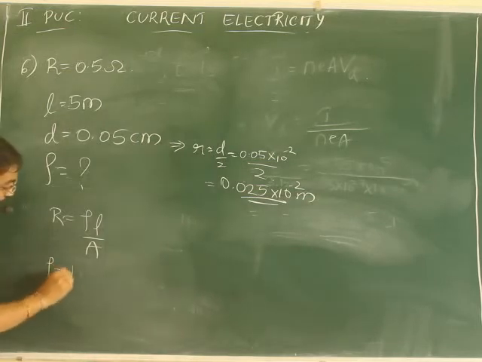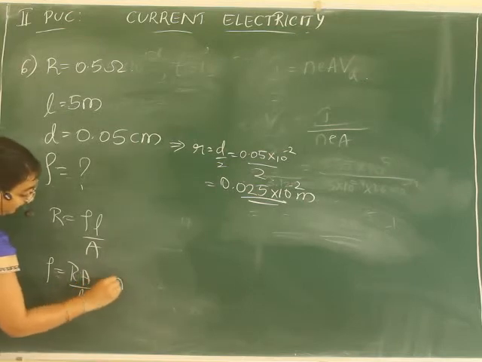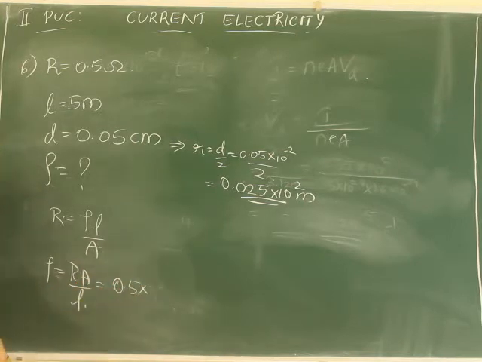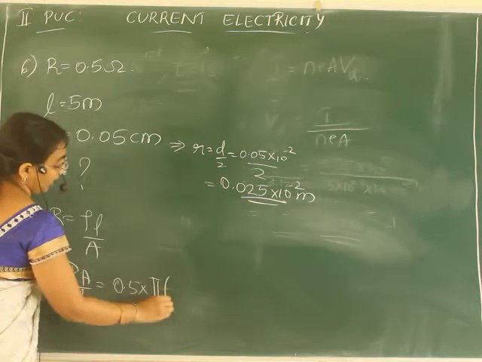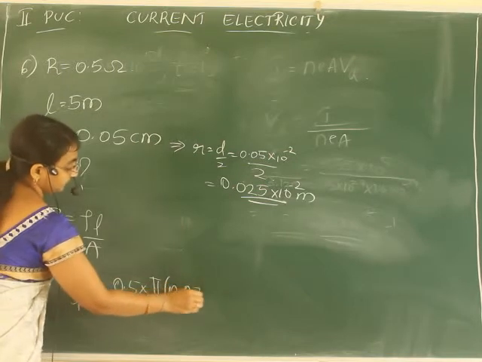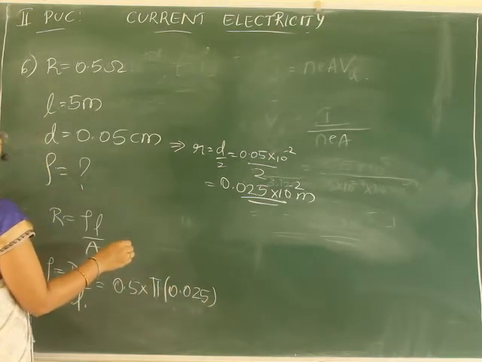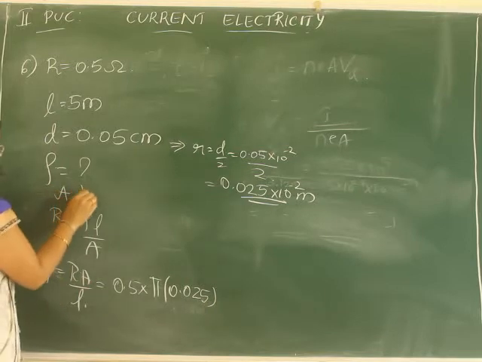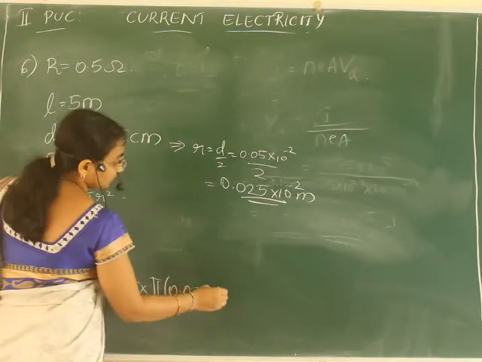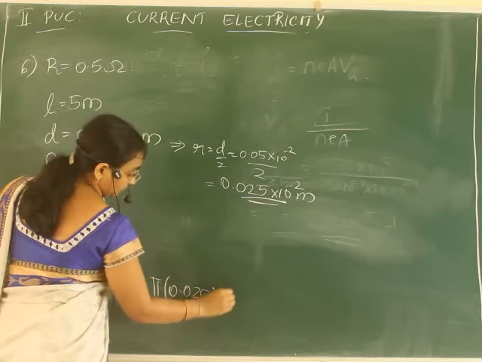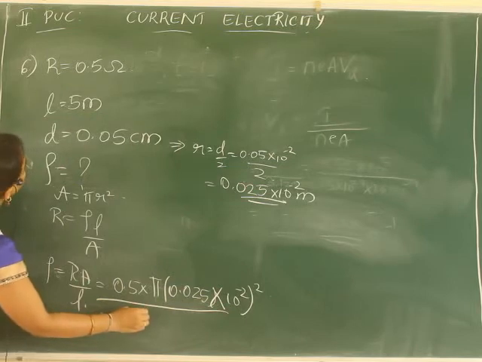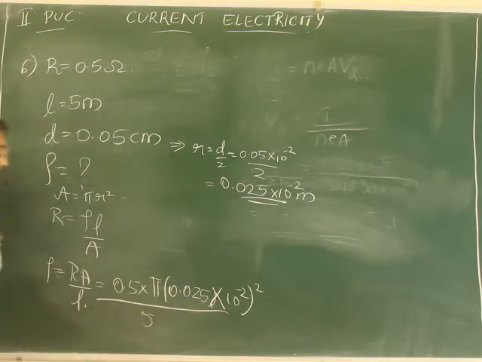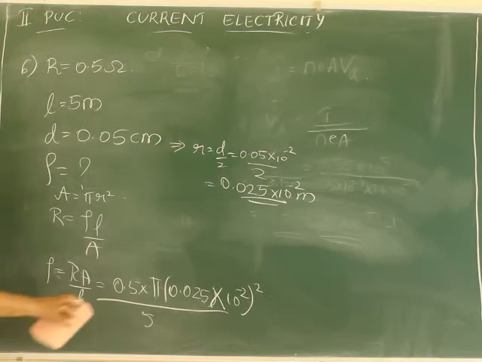So rho is equal to RA by L, which is 0.5 into area, pi r square, divided by L. Calculate.